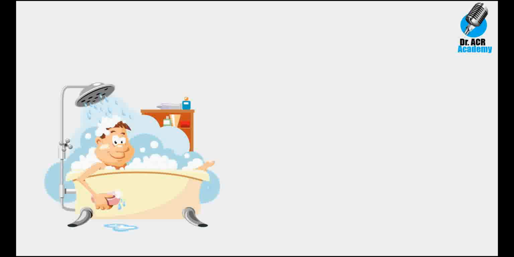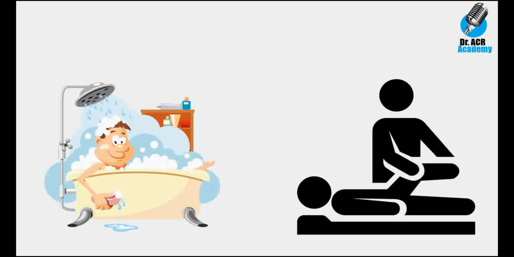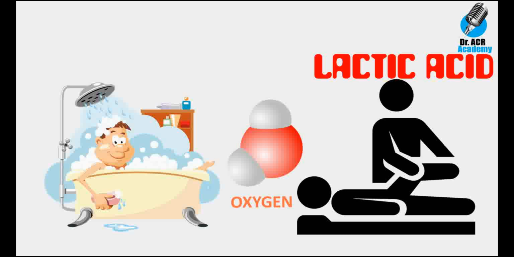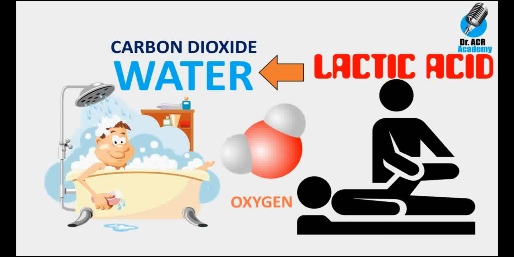However, taking a hot water bath or massage can relieve this cramp, because a hot water bath and massage help to supply more oxygen to the muscle cells. Then the oxygen breaks down the lactic acid into carbon dioxide and water.